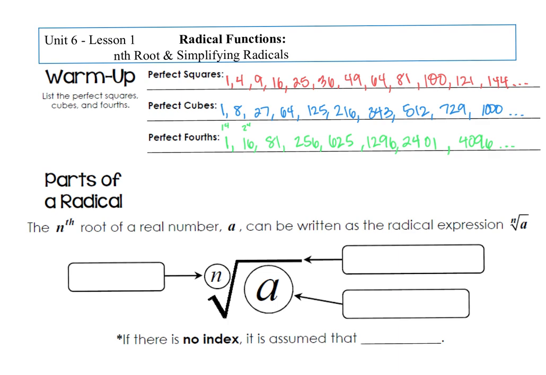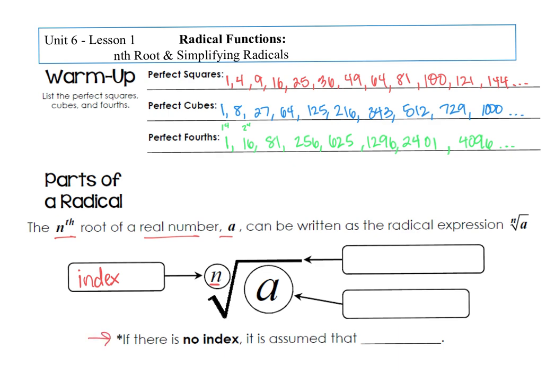It says the nth root, and nth just means any type of root we are looking for. We could put a number in for n. Of a real number, we're working with real numbers right now, no imaginaries, can be written as the radical expression, the nth root of a. So this number that goes in for n is called the index. A lot of times we are used to not seeing a number on the outside of the radical, the index.